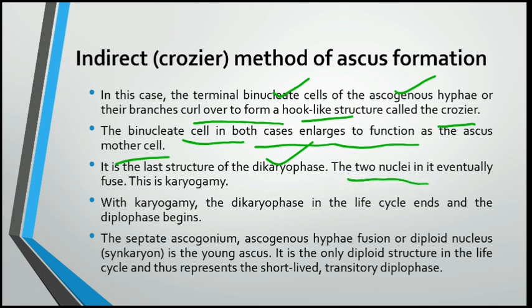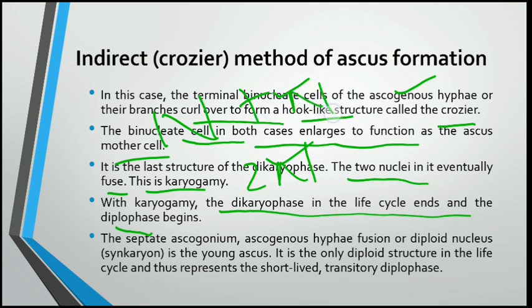Two nuclei in it eventually fuse, and this is called karyogamy. With karyogamy, the dikaryophase of the life cycle ends and the diplophase begins, because now it is 2n, because n and n fuse with each other by karyogamy.